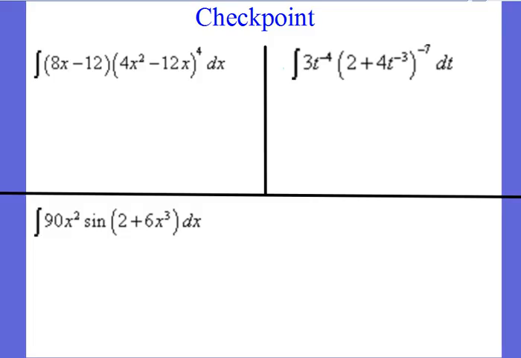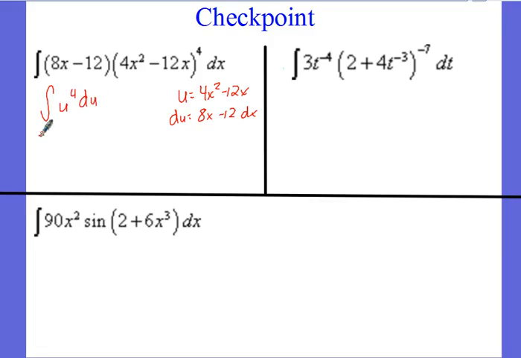Here we go. For this first one, I have the integral of 8x minus 12 times (4x squared minus 12x) to the fourth power dx. What's my u in this case? What's my du then? Oh, this one's nice then, right? So then what's the integral?